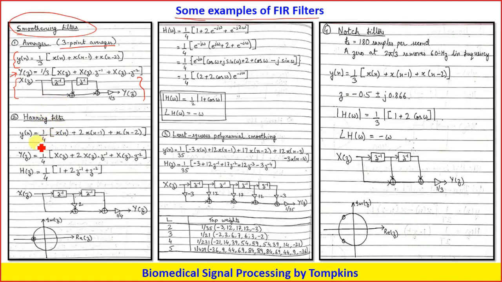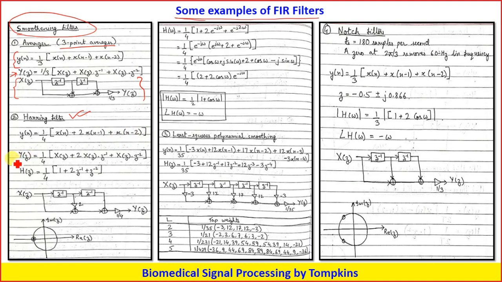Now coming to the next type of filter, the Hanning filter. The smoothing filters run from the averaging filter to the Hanning filter and the least squares polynomial smoothing filter. Okay. Now the second filter is the Hanning filter, where y of n is given by 1 by 4 of x of n plus 2 times x of n minus 1 plus x of n minus 2.